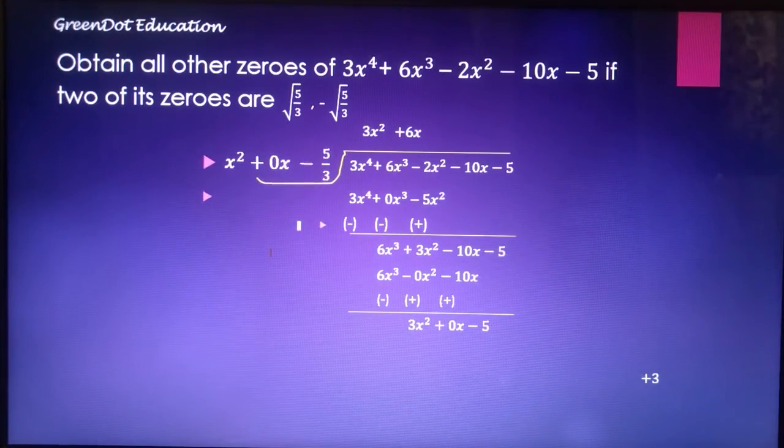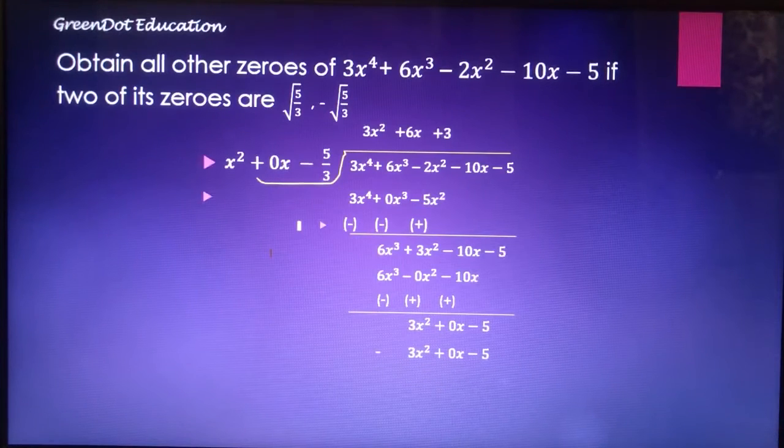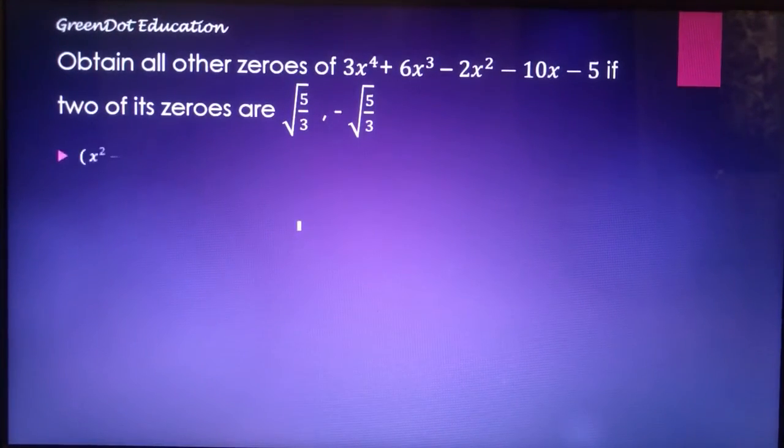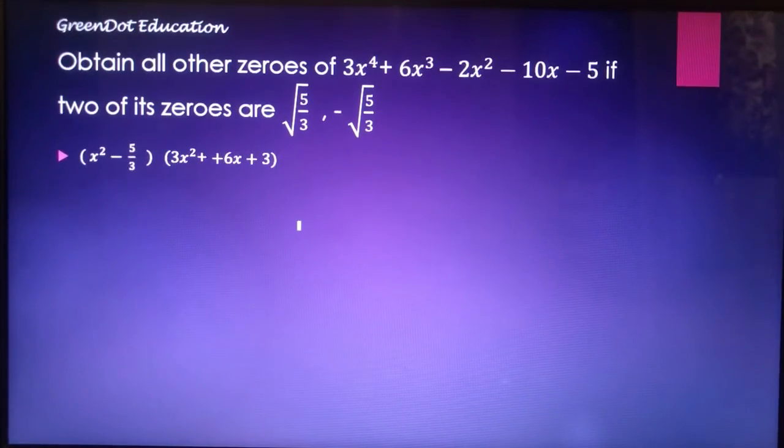So x squared and x squared are cancelled out, so we are left with only plus 3, and using this plus 3 as our last term for the quotient polynomial and multiplying it with the divisor, we get 3x squared plus 0x minus 5, and after subtracting it, we get the remainder as 0. So in this way we get the polynomial as a multiple of x square minus 5 upon 3 and 3x square plus 6x plus 2.